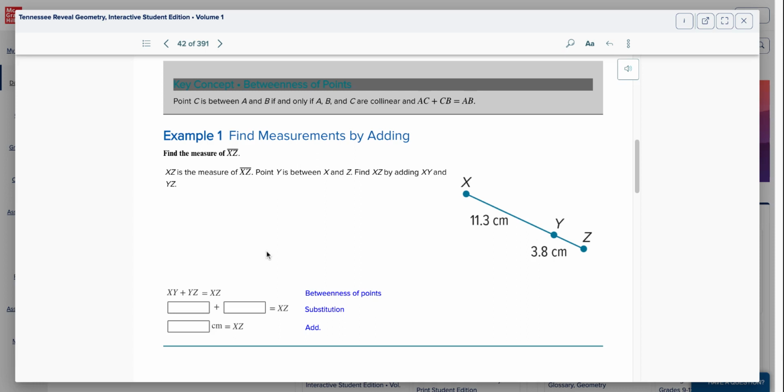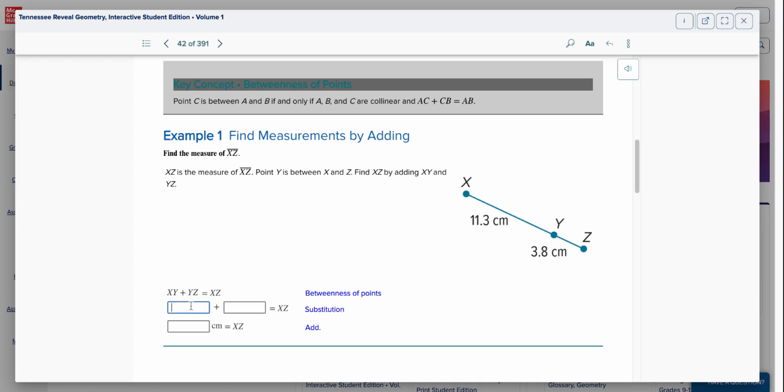All right, so let's look at example number 1. There's your addition. You probably can't really see that, but it's the segment addition postulate, is actually what it is. All right, it says find the measure of XZ, which is the third segment after you combine. So let's see. I'm going to add the 2 I said together and get XZ, which is your third one.